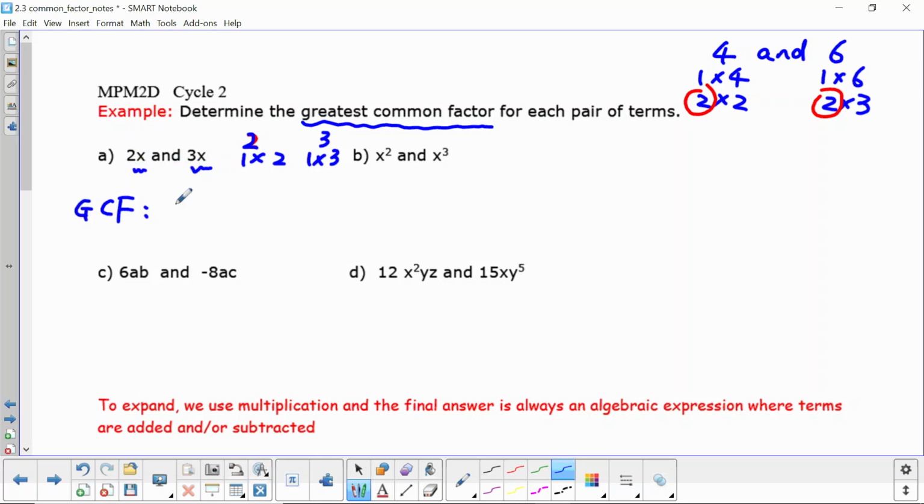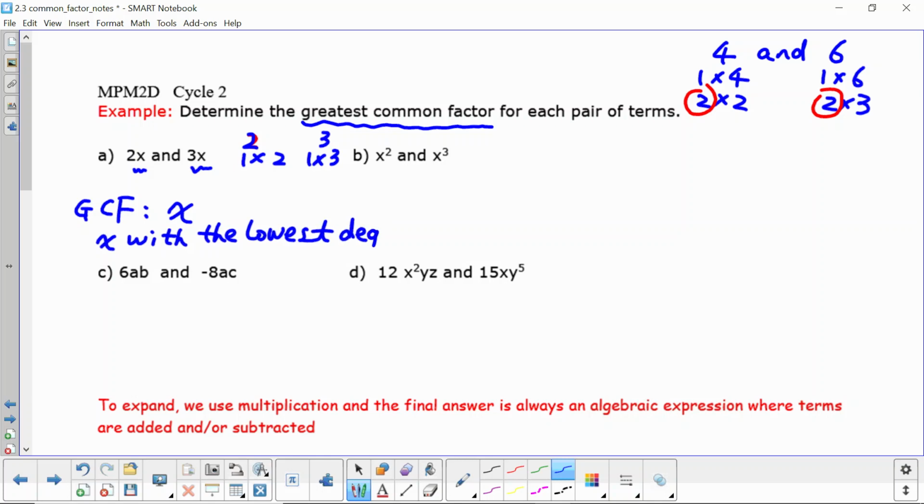So these x are the same. And for the variable, there is a rule. If the variables are the same, then the greatest common factor is the variable with the lowest degree. The x with the lowest degree from both terms. If there are 3 terms, then from all terms.